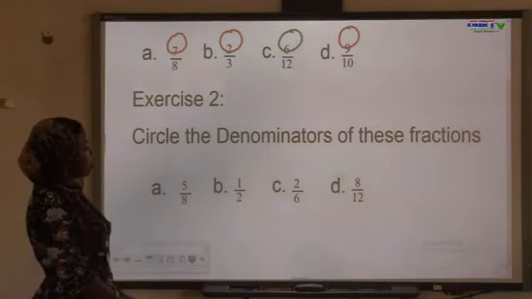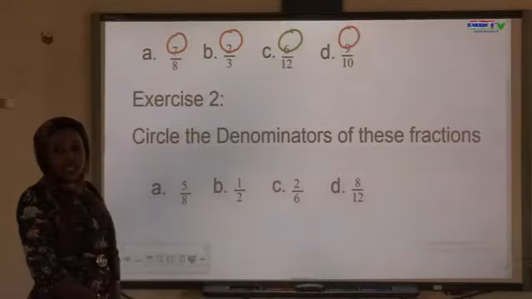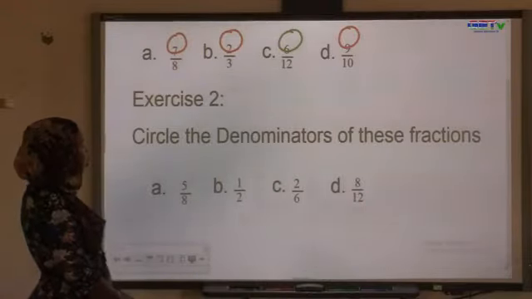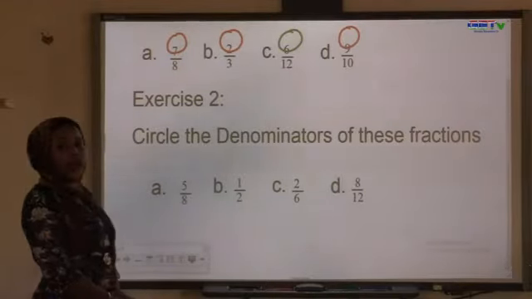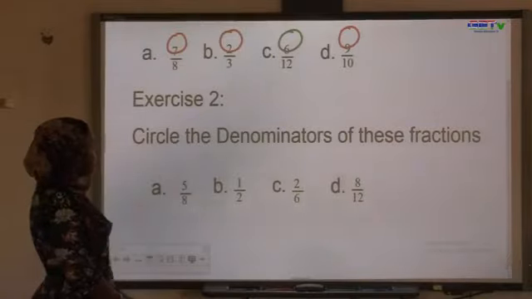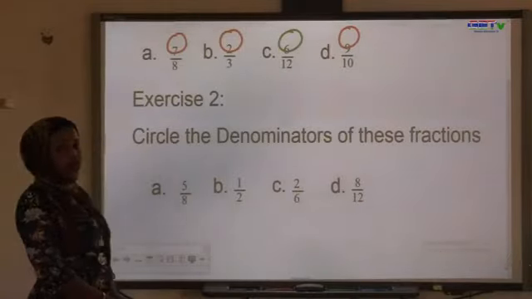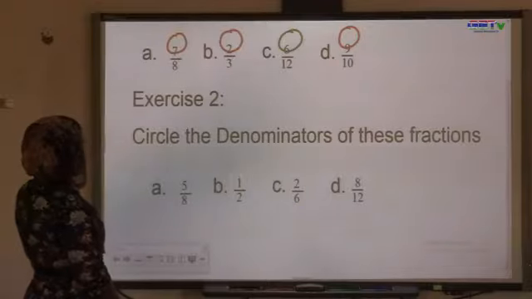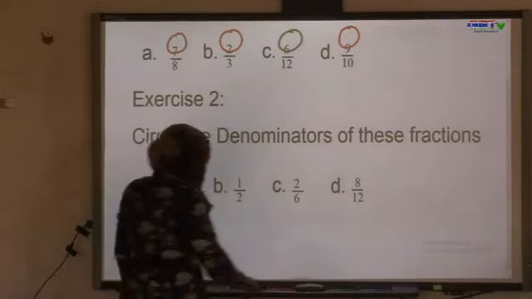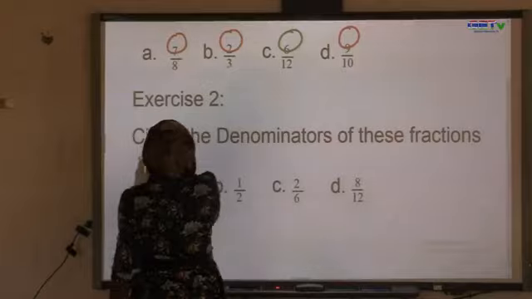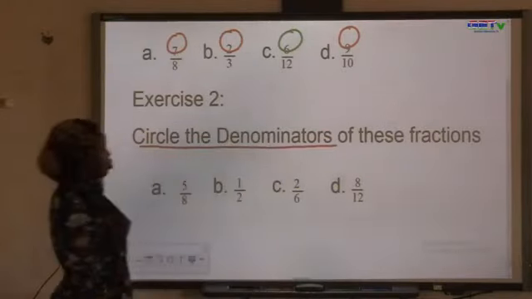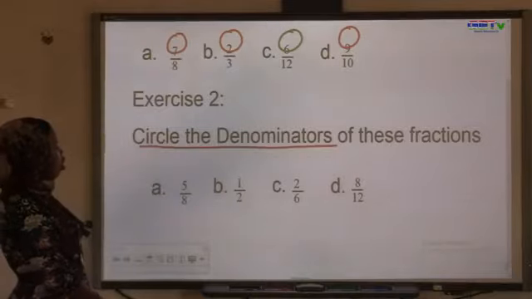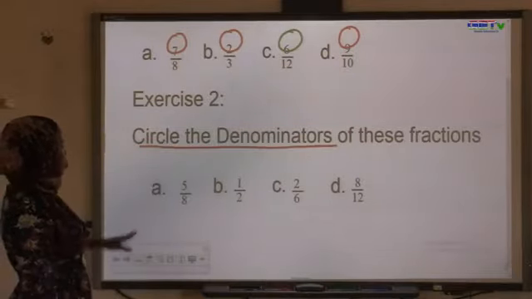C, 2 over 6. D, 8 over 12. What do we need to do here? We need to circle the denominators. So try that. Circle all the denominators in these fractions.